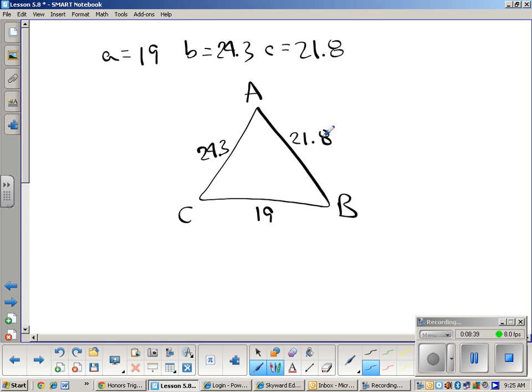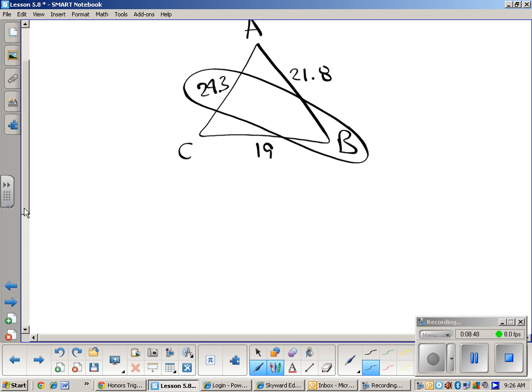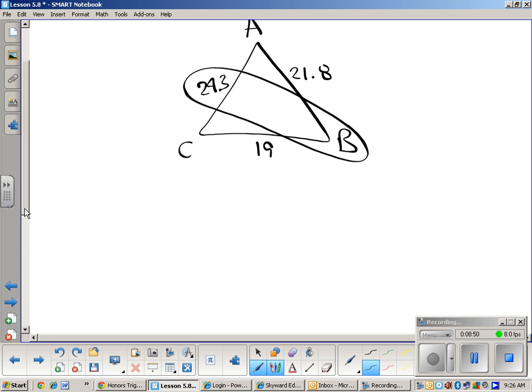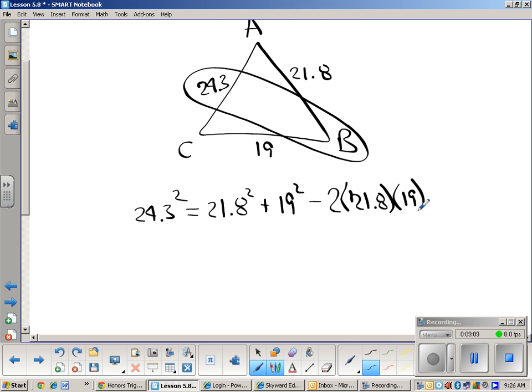If I solve for B, I can use law of cosines to do that because I have all three sides. So 24.3 squared is equal to 21.8 squared plus 19 squared minus 2 times 21.8 times 19 times cosine of B.